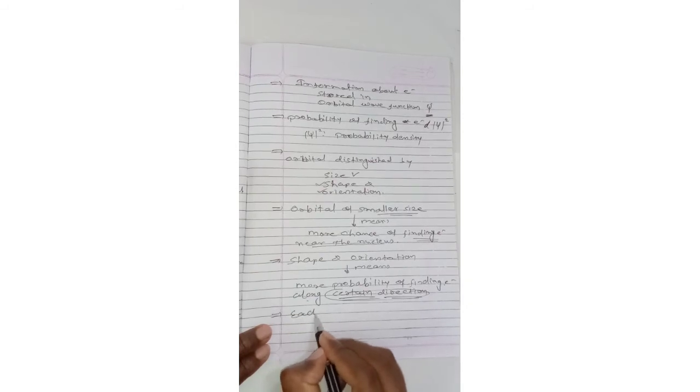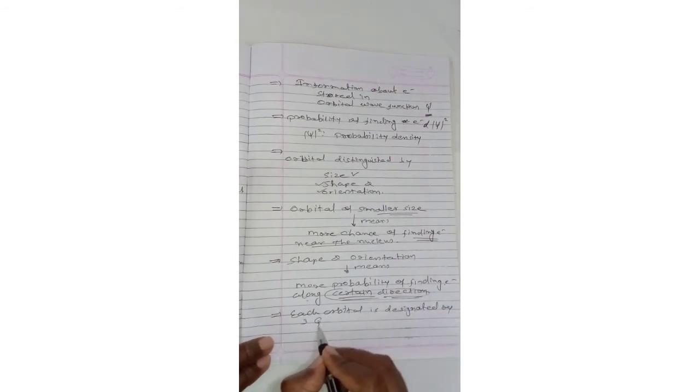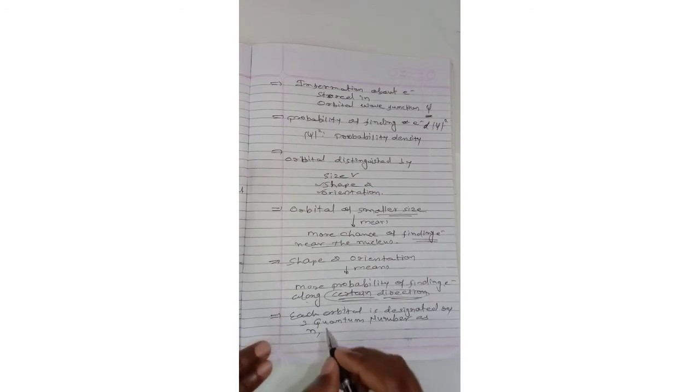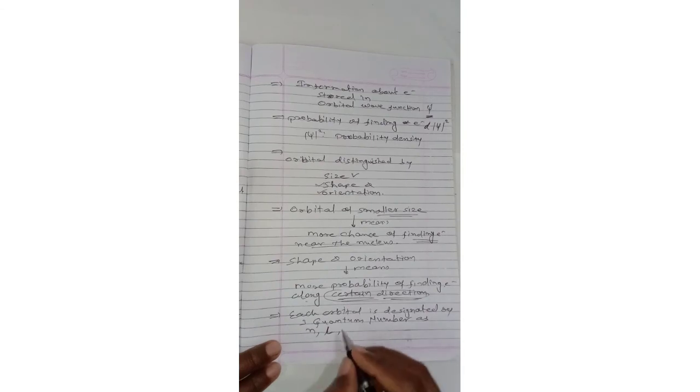Each orbital is designated by three quantum numbers: small n, the principal quantum number; l, the azimuthal or angular momentum quantum number; and number three, small m subscript l, the magnetic quantum number.